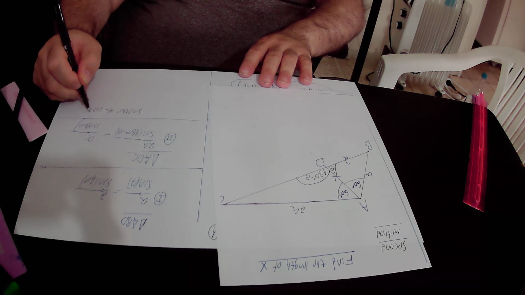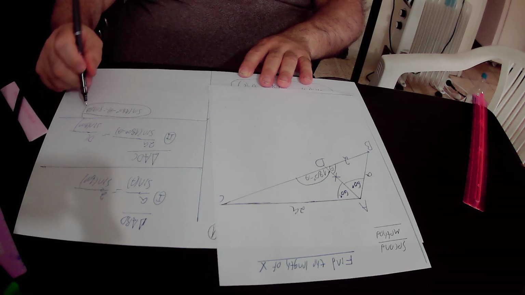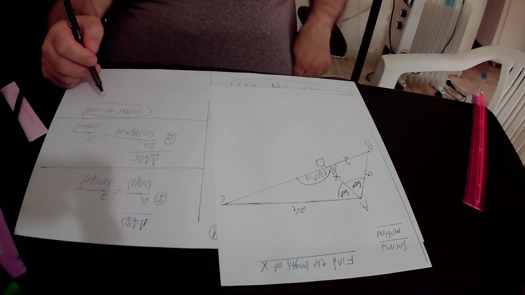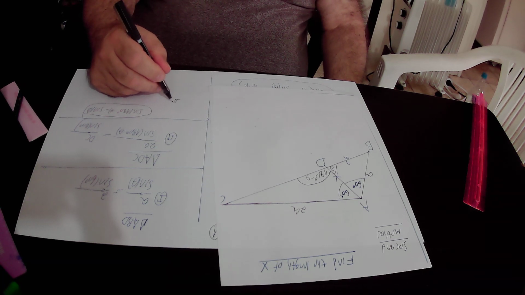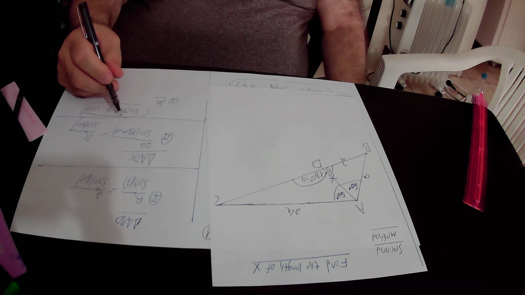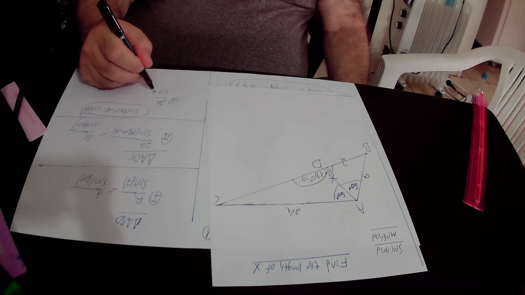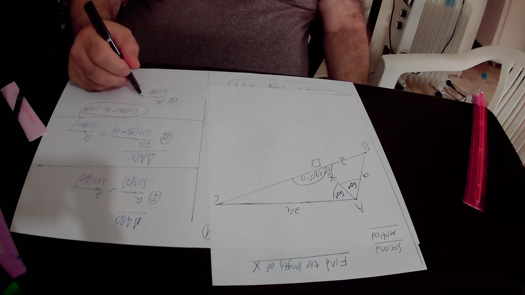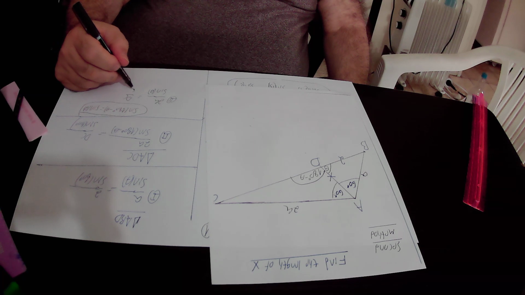So we can substitute sine of 180 degrees minus theta in this equation, equation number 2, by sine theta. We'll do it now and we'll get, according to equation number 2, 2A over sine theta, and it is equal to DC over sine 60 degrees.